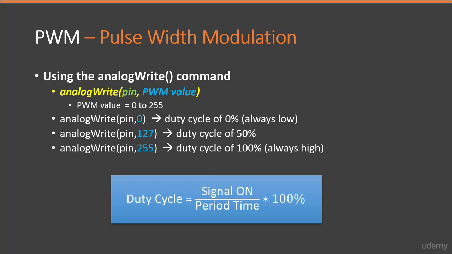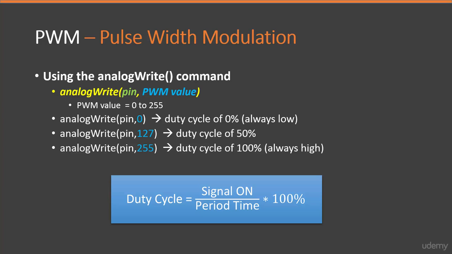The value 0 corresponds to off, or 0% duty cycle, and 255 is basically full on, or 100% duty cycle. Any value in between these two endpoints provides a corresponding duty cycle that will approximate an analog output.